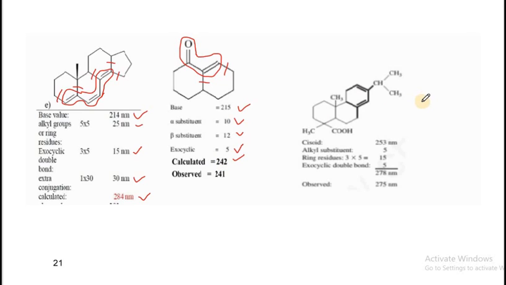So similarly, taking up another example, this is our system. Moreover it is a homoannular ring, so the basic value is 253 nanometer. And then this alkyl group is present, for this 5 nanometer, and then one ring residue, two ring residues, and this is 3 ring residues present, so this will have 15 nanometer value.